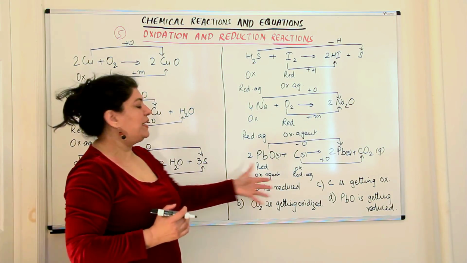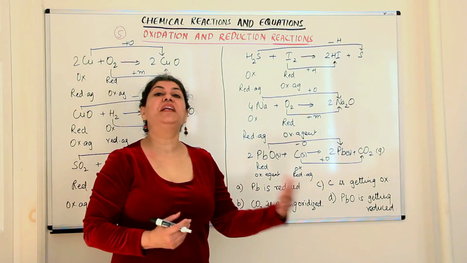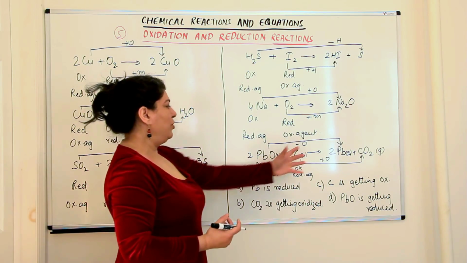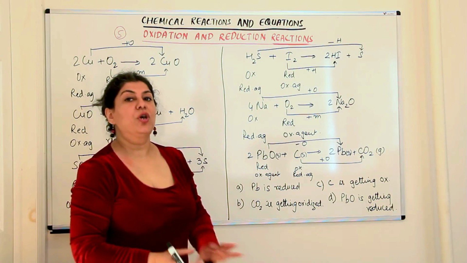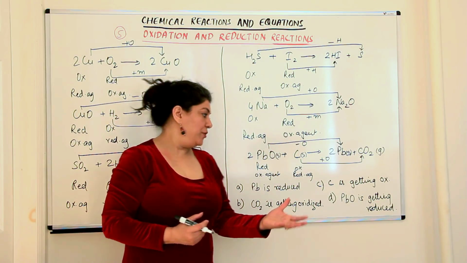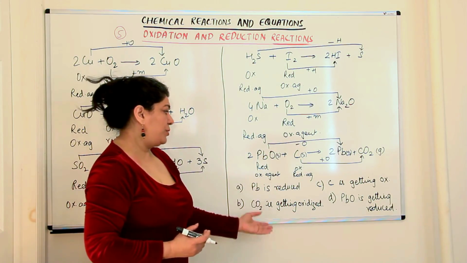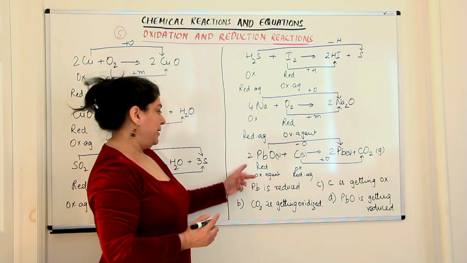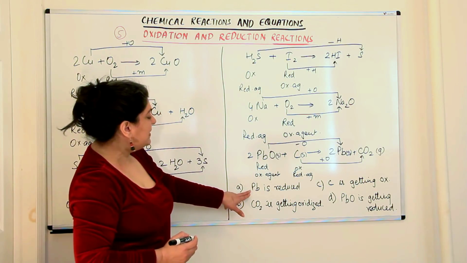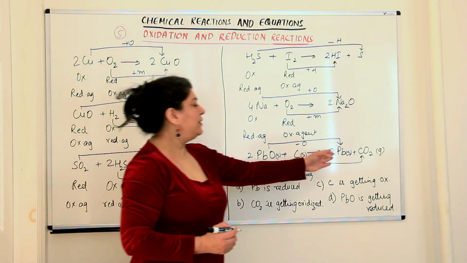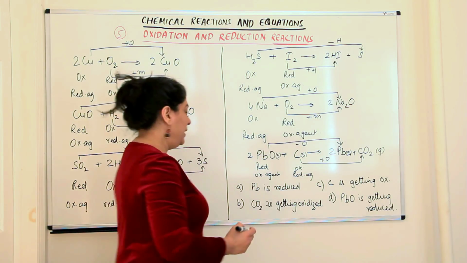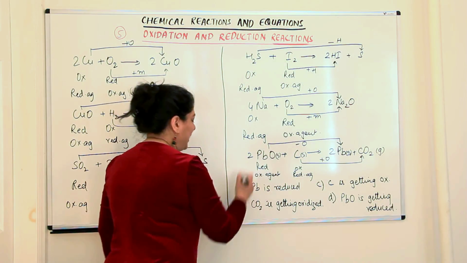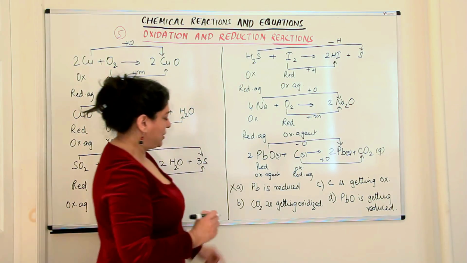The question is, the following statements are given. Which out of these are incorrect? So let us see. We already know what got oxidized, what got reduced, what's the oxidizing agent, what's the reducing agent. So now let us see what matches with our answer. Lead is reduced. Lead is in the product. The product cannot be reducing. We are talking of reactants, so this statement is false.